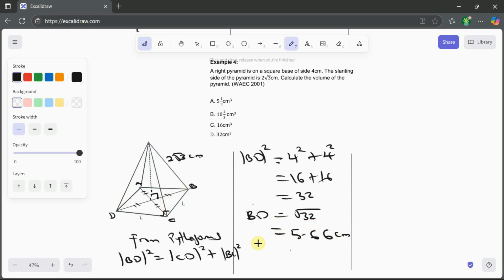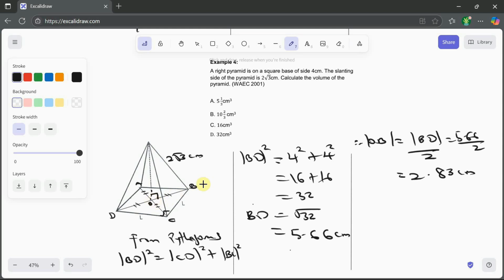So let's say this is point O, right? So therefore length OB would just be length BD divided by 2, right? So that would be 5.66 divided by 2, which is 2.83 centimeter. So this is OB.